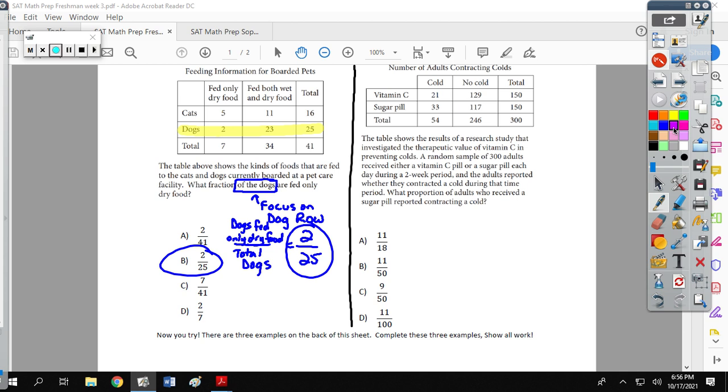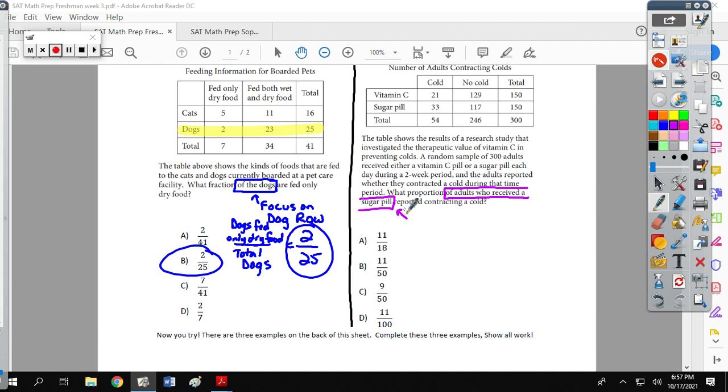The adults reported whether they contracted a cold during that time period. What proportion, there's a different way of saying what is the probability, of adults who received a sugar pill reported contracting a cold?